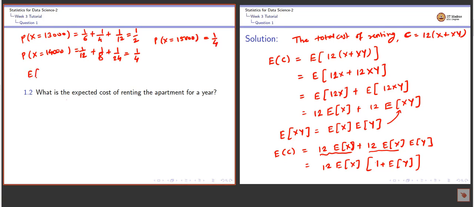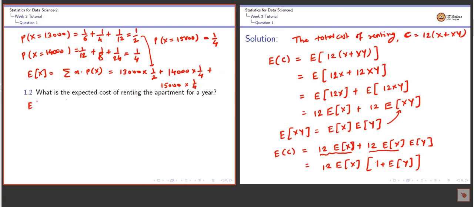Now we can find the expectation of x. From the formula, the expectation of x equals the summation of x into the probability of x, for all values. So it will be 13,000 into 1 by 2, plus 14,000 into 1 by 4, plus 15,000 into 1 by 4.